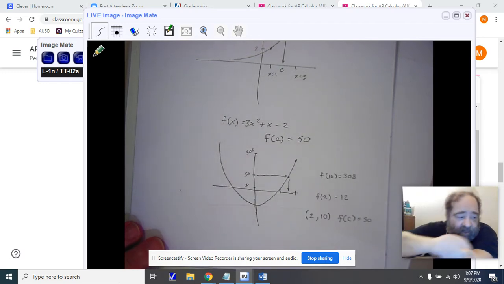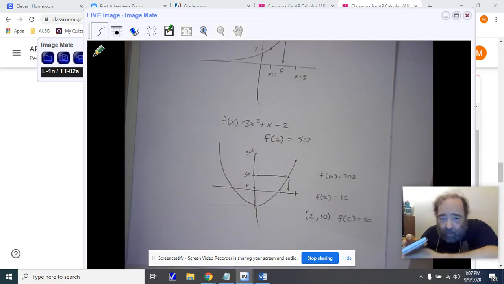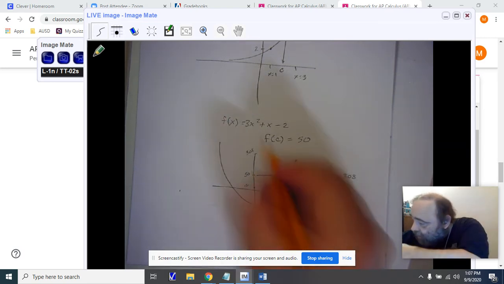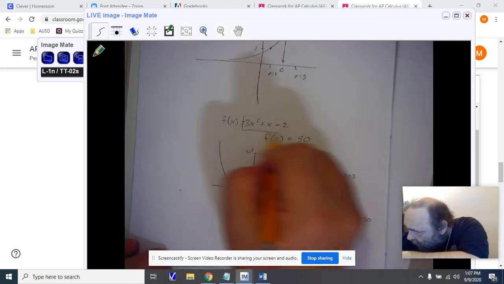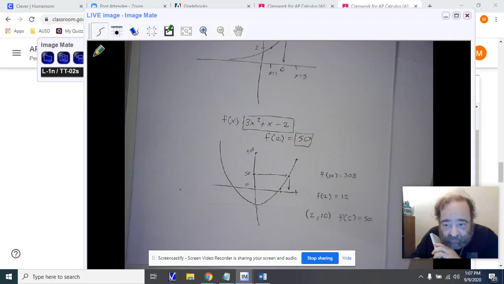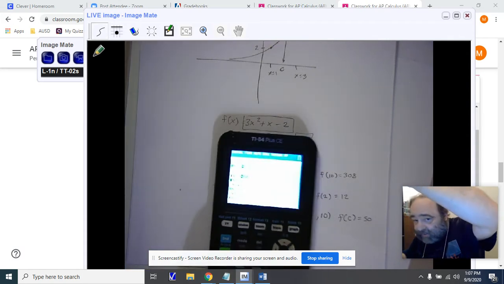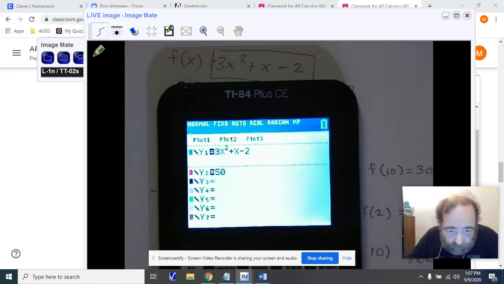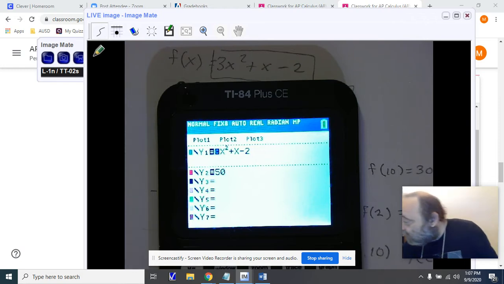So the way we're going to do this is we're going to look at two different equations. We're going to put into y1 the original equation, and into y2 the horizontal line, y equals 50. It only takes a minute to put these in. You'll notice the 3x squared plus x minus 2 and the 50.